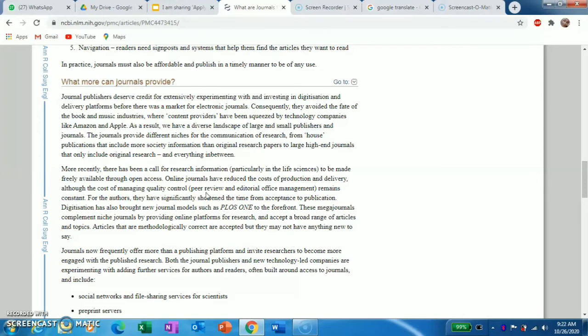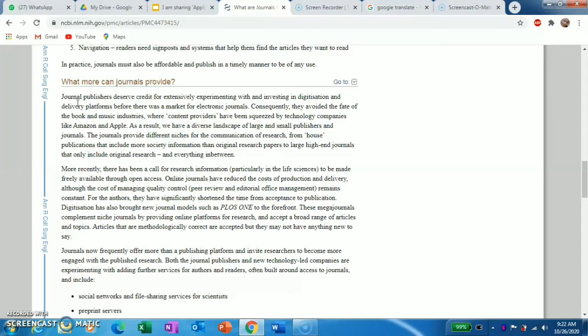The first question is why the journal publishers deserve credit, the second question is what the reason is that online journals have reduced, and the third question is what the result is that publishers have a deserved landscape of large and small publishers and journals.